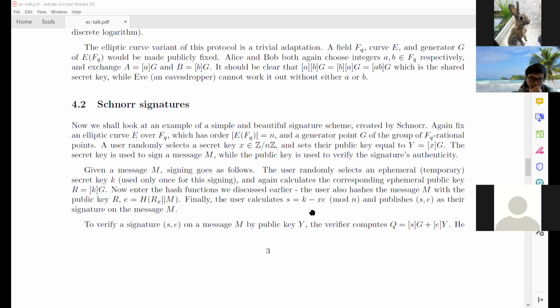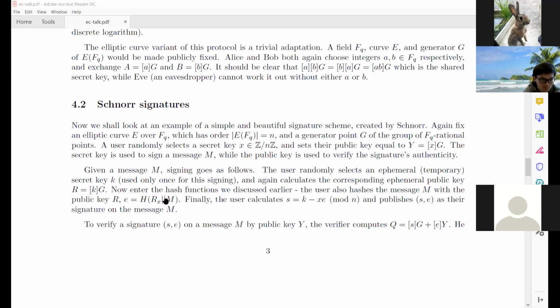And this is where we use the hash function from earlier. We'll hash this message M with this new public key R. We'll actually just use the X coordinate of it, just for simplicity, because that's what this notation means here. So we'll hash those together. This double line just means concatenation.